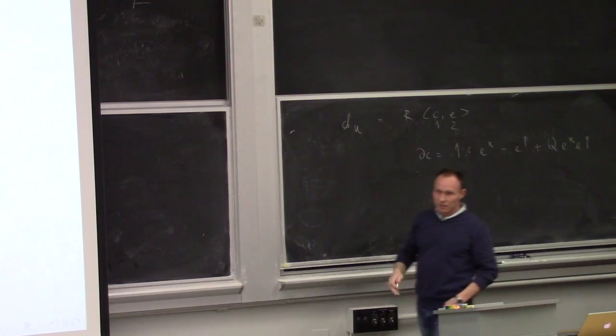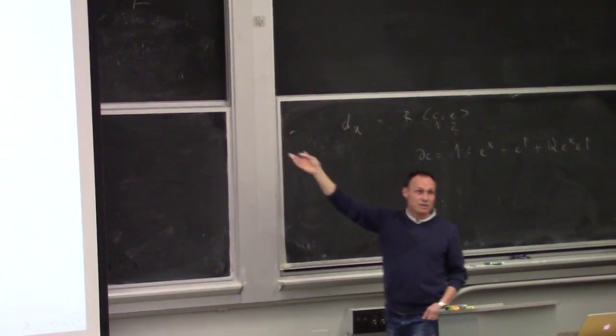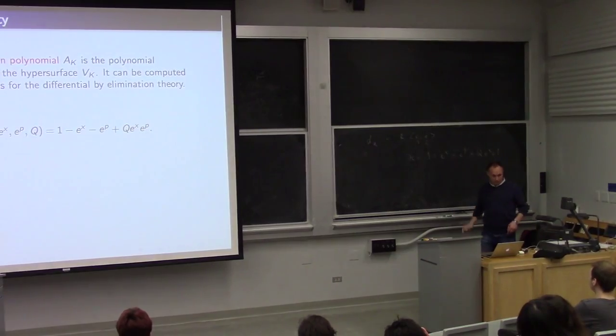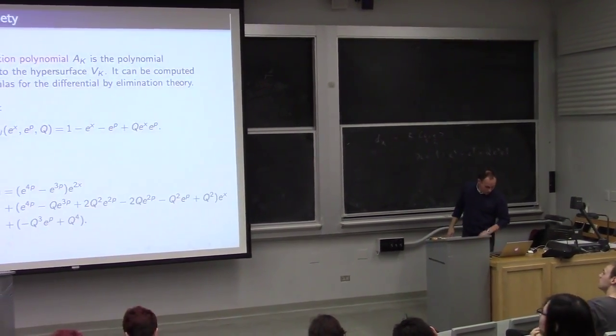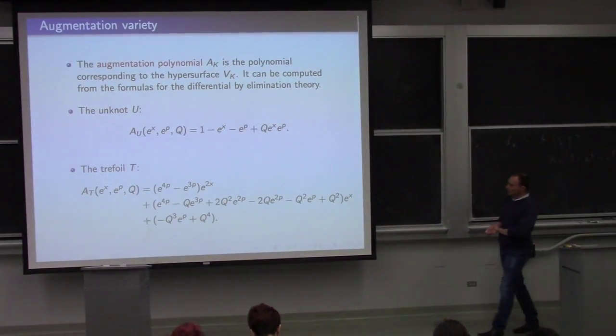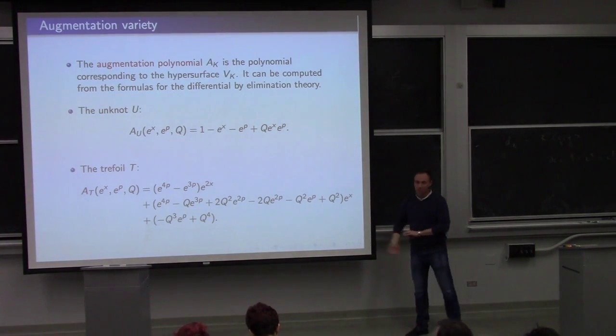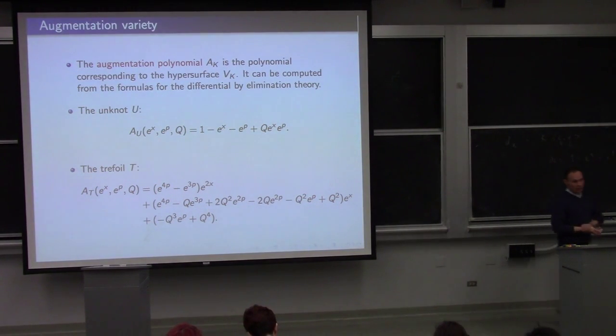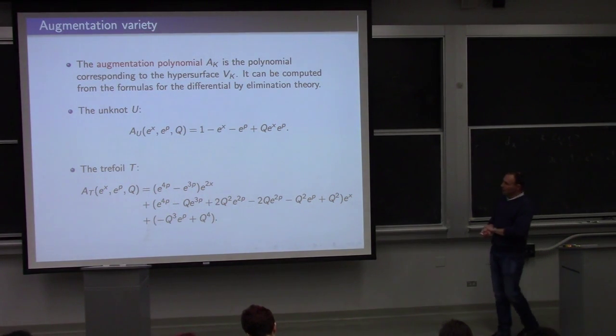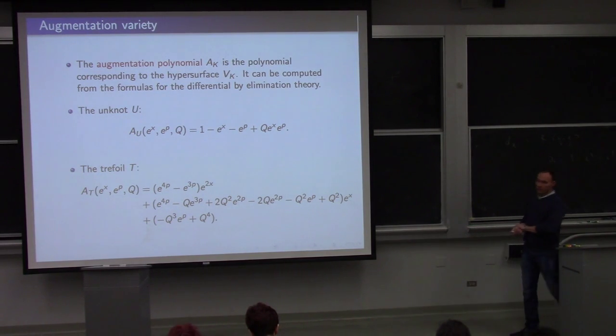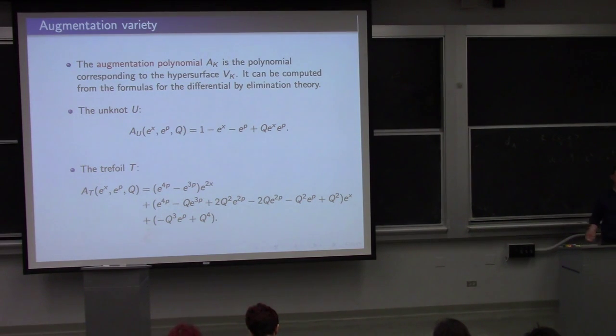So the augmentation variety is immediate: this has to be equal to 0, and then we're done. For the trefoil, we also had the differential there, and the polynomial is getting slightly more complicated, but it's not so bad. You have to eliminate two variables, a12 and a21, and that's certainly doable from what I did before. This is just to give you some flavor of what it may be.